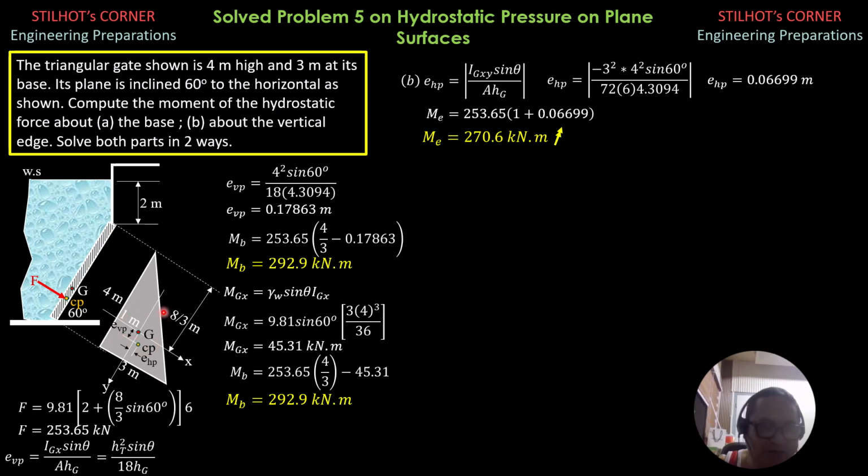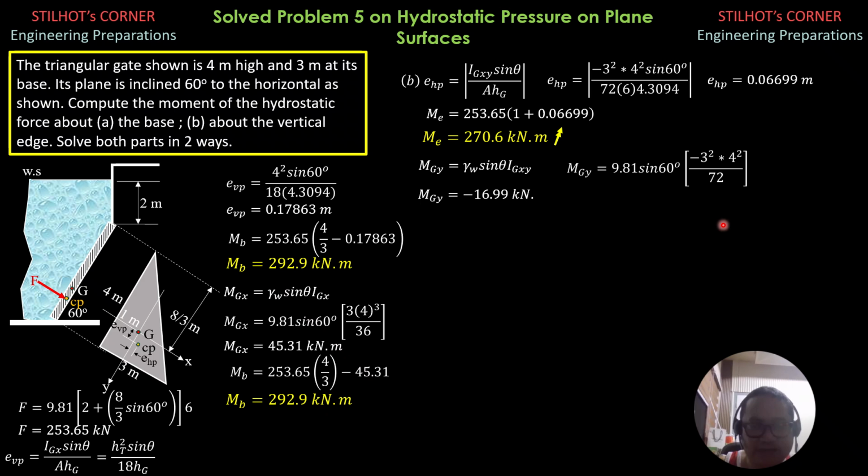The formula for MGY is gamma of water times sine of theta times IGXY, where IGXY is negative b square h square over 72. That's why the result is negative. So MGXY is 9.81 sine of 60 degrees times negative 3 square 4 square over 72, so MGXY is negative 16.99 kilonewton meter.